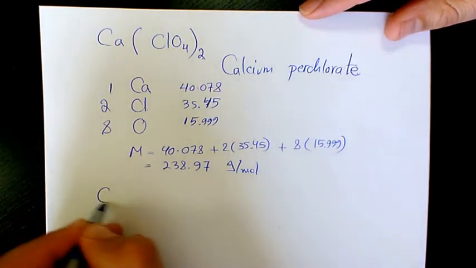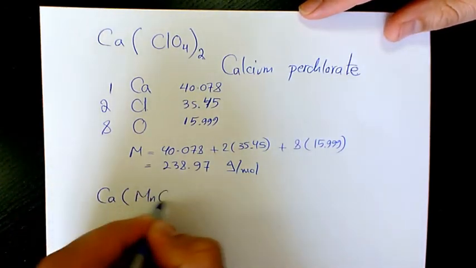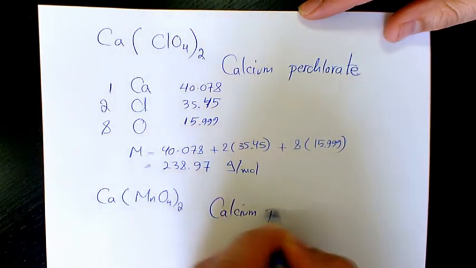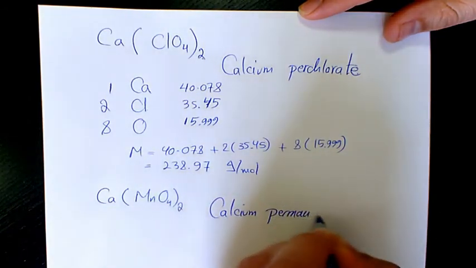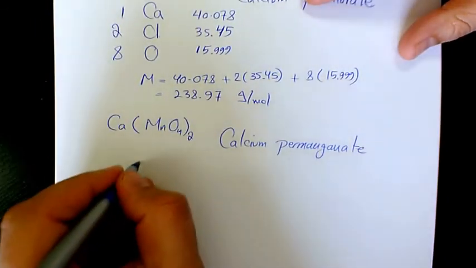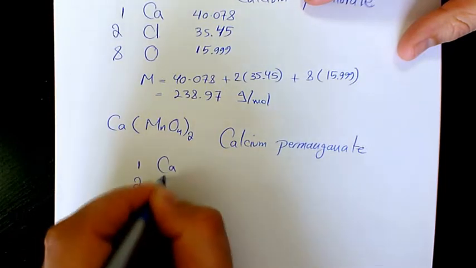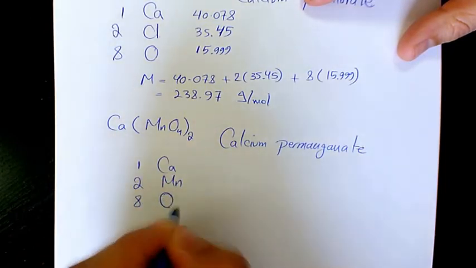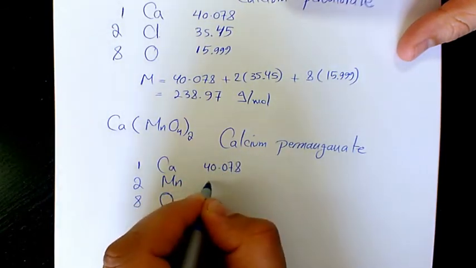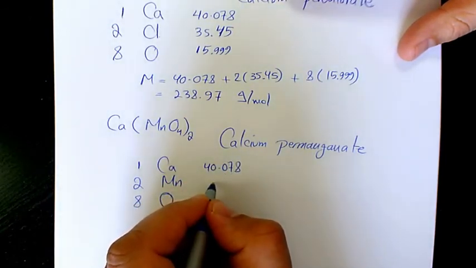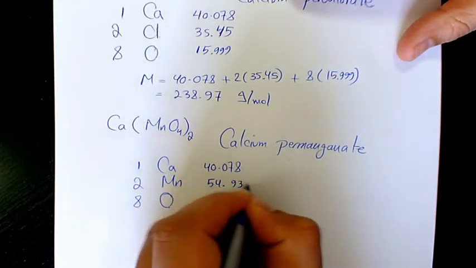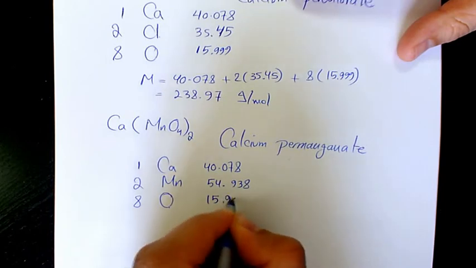Next one is Ca(MnO4)2, which we call calcium permanganate. We have 1 atom of calcium, 2 atoms of manganese, and 8 atoms of oxygen. This is 40.078. Manganese, look at the atomic mass here, is 54.938, and oxygen 15.999.